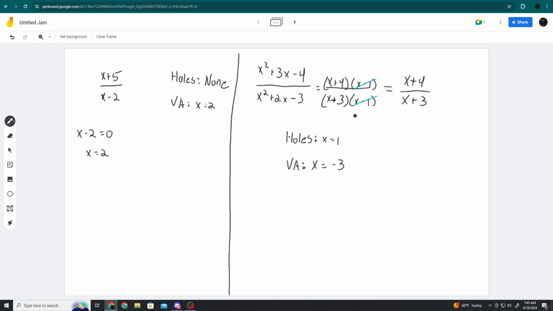We look to see if anything's the same, so the x minus 1s were the same, so they canceled. And then we're left with whatever's left over. In this case, x plus 4 over x plus 3. Now, the crossing out of the x minus 1s gave us a hole at x equals 1. Having x plus 3, excuse me, left over gave us a vertical asymptote at -3.